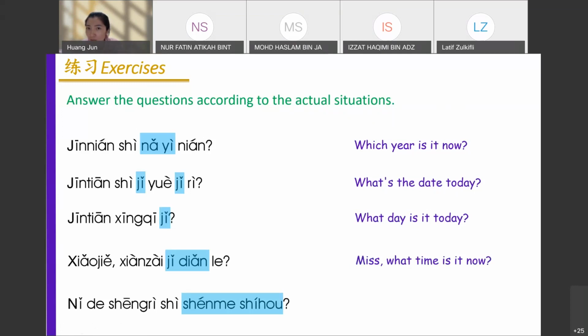So this one, you need to tell the people the month and the day of your birthday. If this is the birthday, how do you answer in a full sentence?